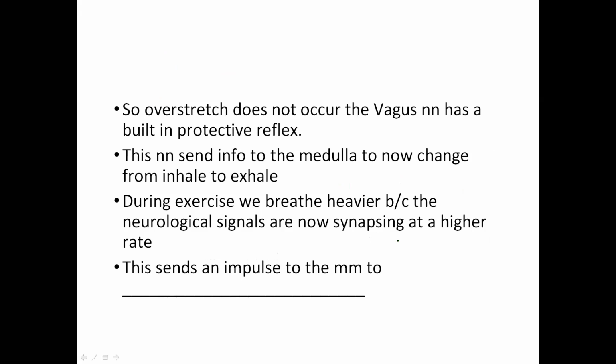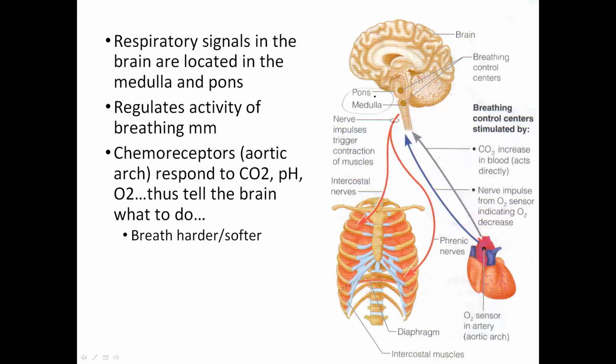Okay, the way the medulla, so the brainstem, communicates to the breathing centers is through the vagus nerve. Okay, so cranial nerve 10. And here's a picture of that here, right? So you have the breathing control centers in the brainstem, pons, and the medulla.